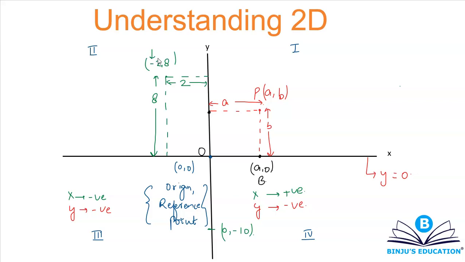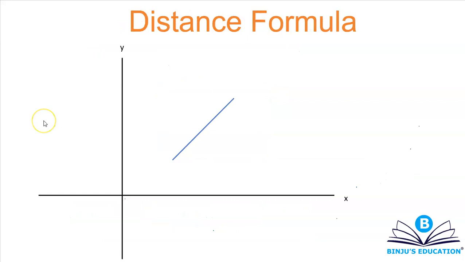Alright, now let's move on to the first thing that you need to understand, that is the distance formula. So how do you calculate distance between 2 points? Let's say I have this one point. So let's call this point P, let's call this point Q. So this point P, let's suppose it has some coordinates x1 and y1.